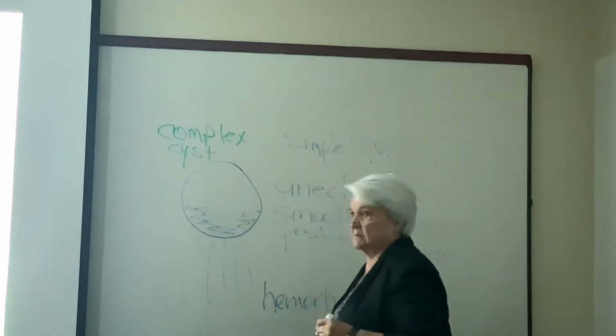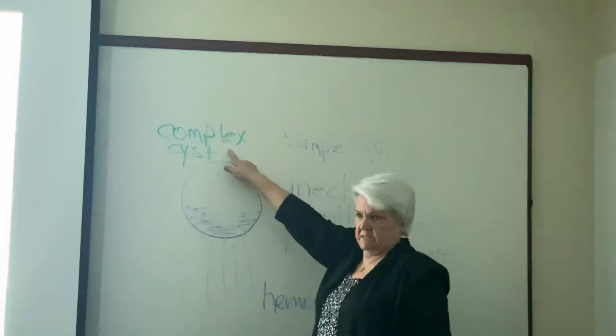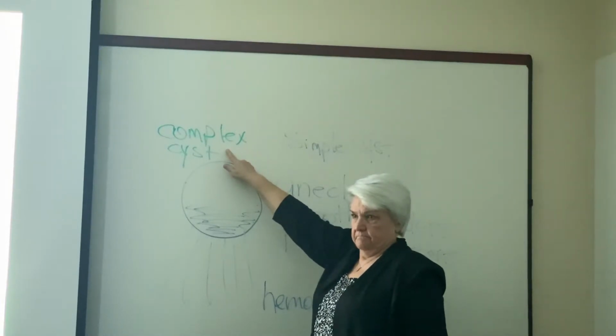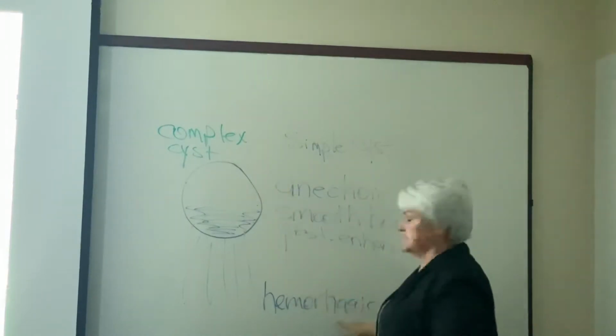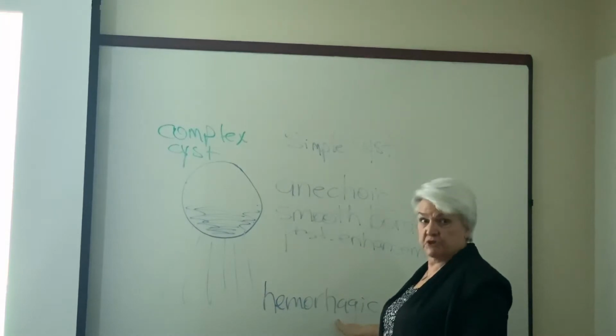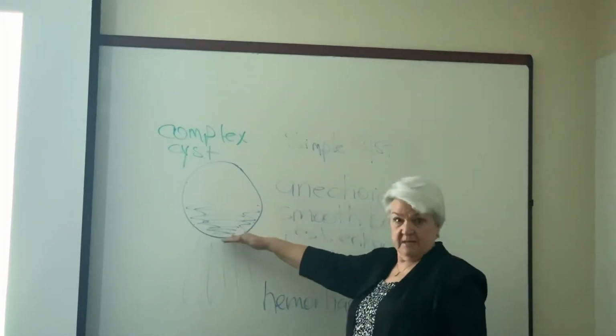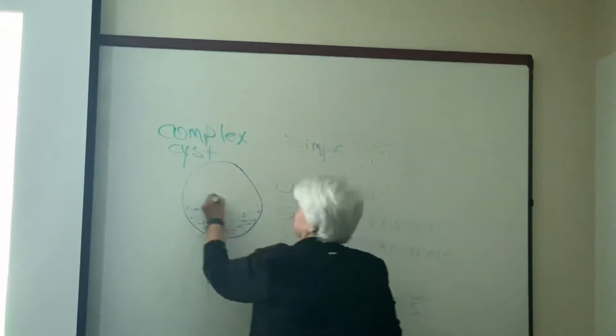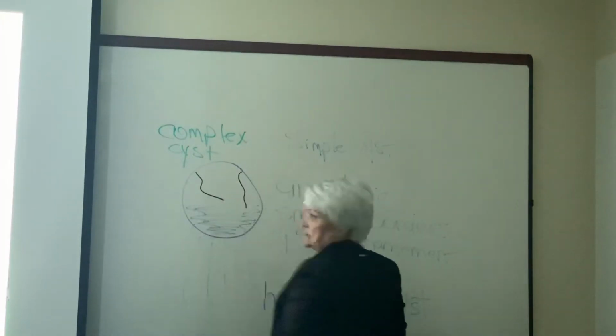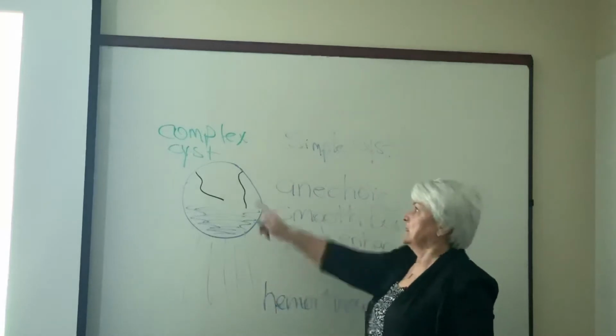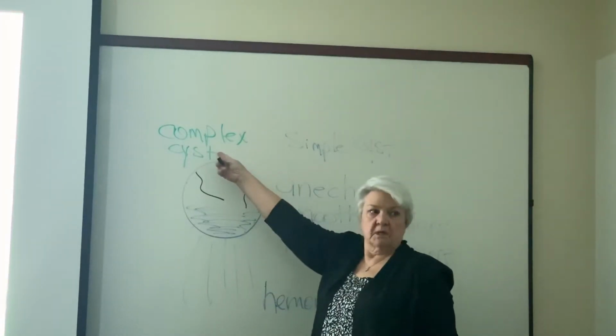Okay? Complex cyst. It was a hemorrhagic cyst when it was fresh. The blood has gotten old. It's settling down. It can sometimes have septations in it. Okay? That turns it back into a complex cyst.